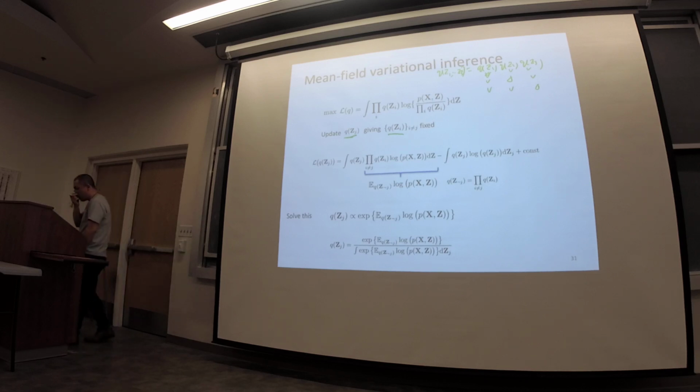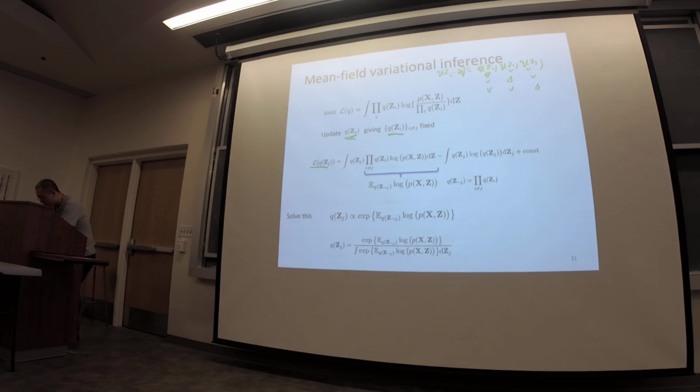Now let's look at how we can update each Q of zj, which is a particular approximate posterior for zj. If you write down the model evidence in terms of Q of zj, remember in this case all the other Q of zi are considered constant.